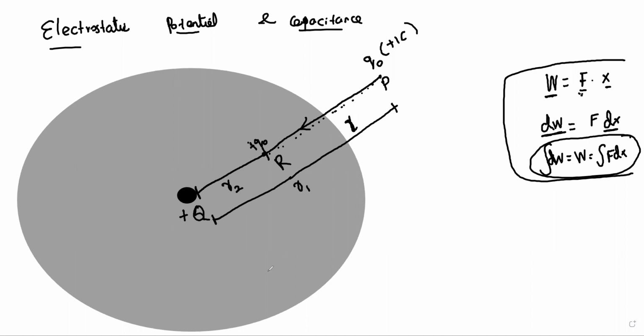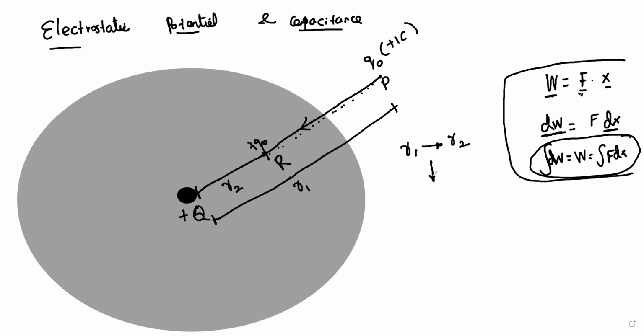This is the initial distance. When I step towards plus Q, the r1 value keeps on decreasing. When I reach the point R, the distance will be r2. So the distance I am moving is from r1 to r2.